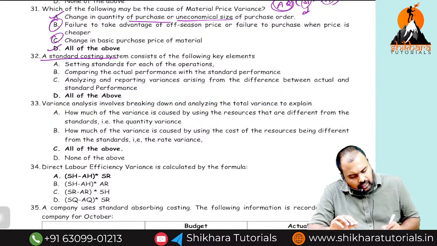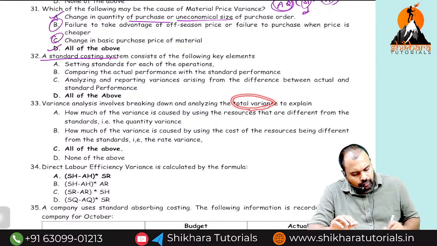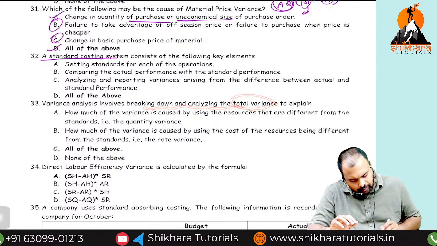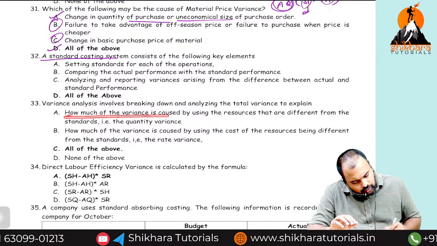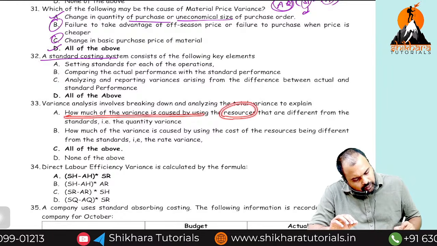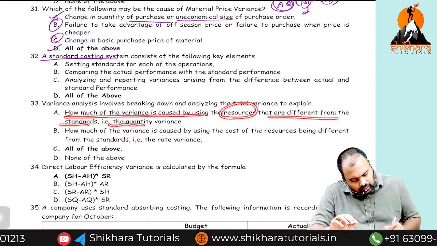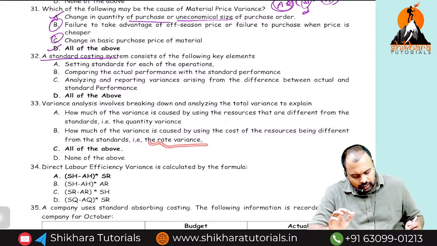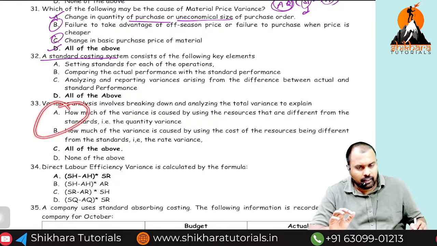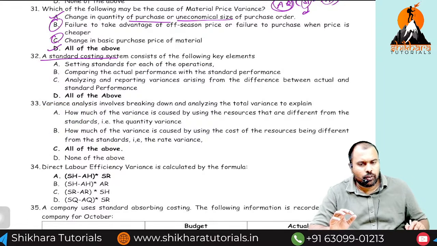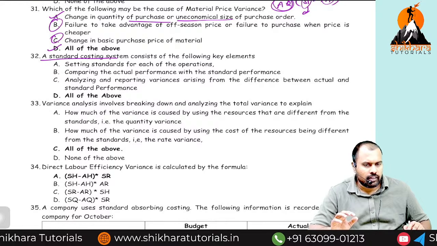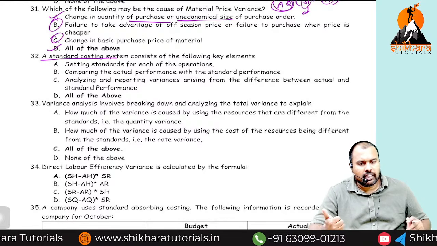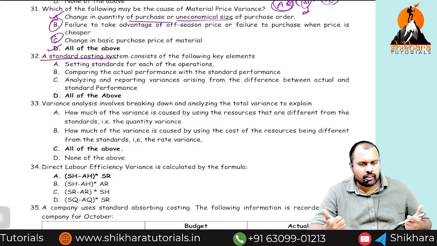Next, variance analysis involves breaking down and analyzing the total variance to explain what? We can break down the total variance to explain how much of the variance is caused by using resources that are different from the standards, that is the quantity variance, and the next one is rate variance. Yes, both of these will be included, right? To find out the total cost variance, we should find out the quantity variance as well as the rate variance, that's nothing but the price variance.